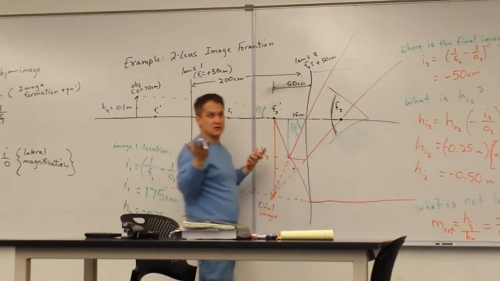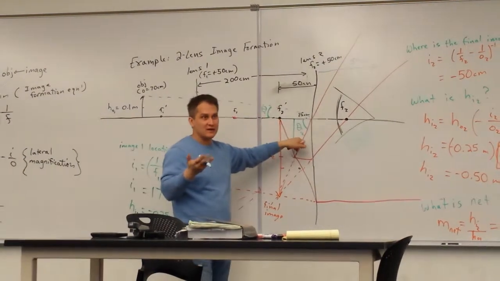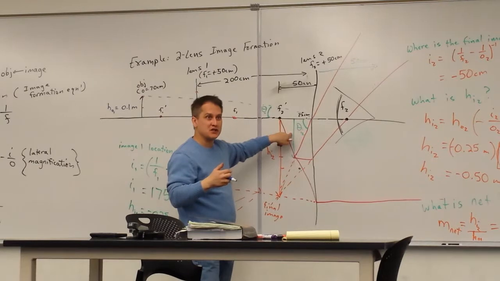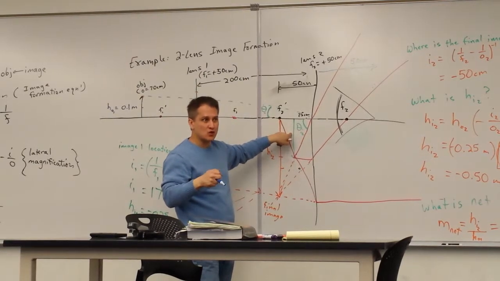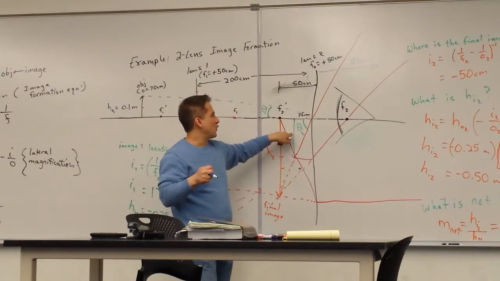Add 50 centimeters. It doesn't matter, any value more than 25, right? Because you've got to just overcome this distance. If you make it 25, then you've got kind of a problem, because you take one focal length and subtract one focal length, you get 0, so you have to use a lot of decimal places. But you have to be a little bit off.